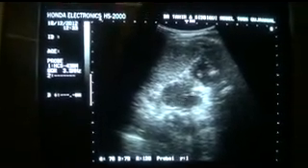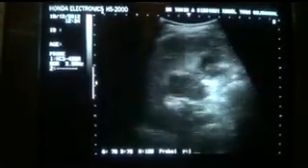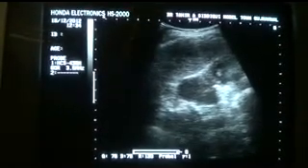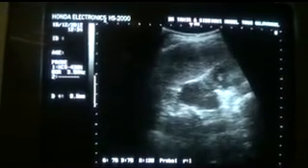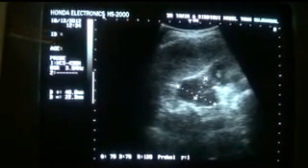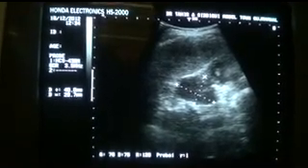Now, in this case, there is one differential that we cannot rule out with ultrasound with certainty, and that is a possible adrenal abscess measuring approximately 4 by 3 centimeters.